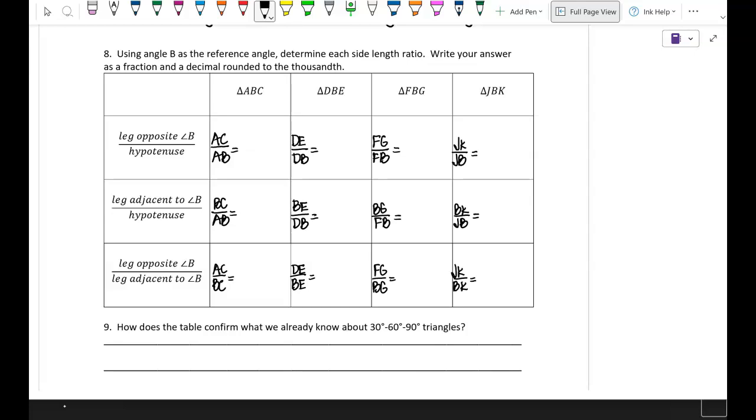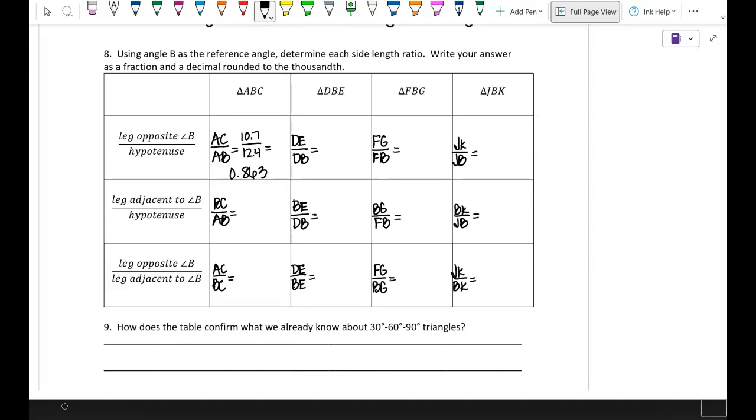So for AC, we should have 10.7 over 12.4. And when I take 10.7 and divide it by 12.4, I get 0.863.